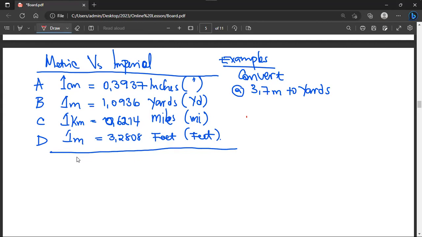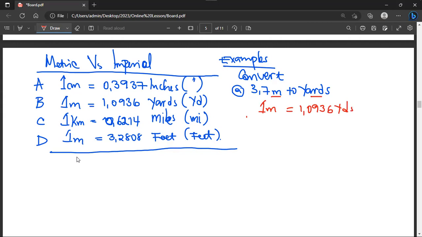You pick the factor that you're going to use. Here we have meters versus yards. When we come to the conversion factors, we have it as B. So in B, it says if you have 1 meter, you have an equivalence of 1,0936 yards.